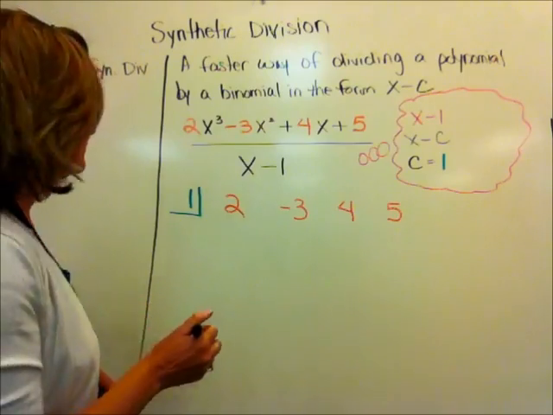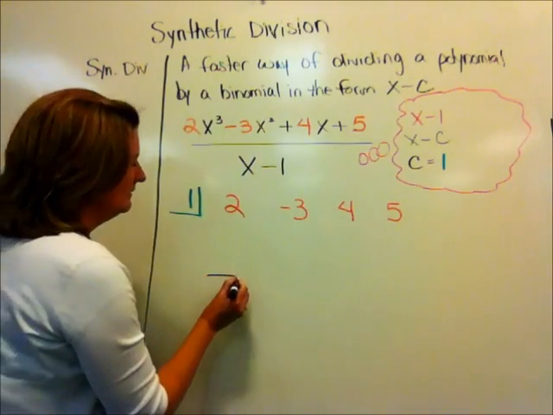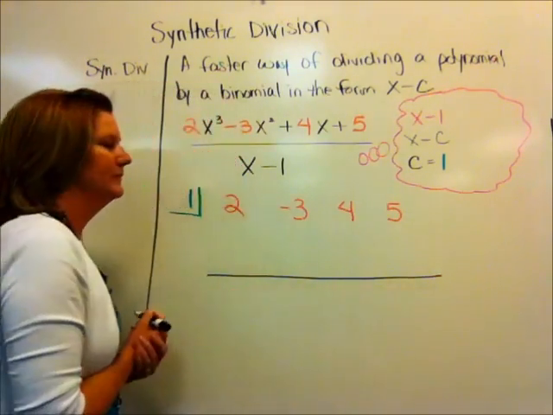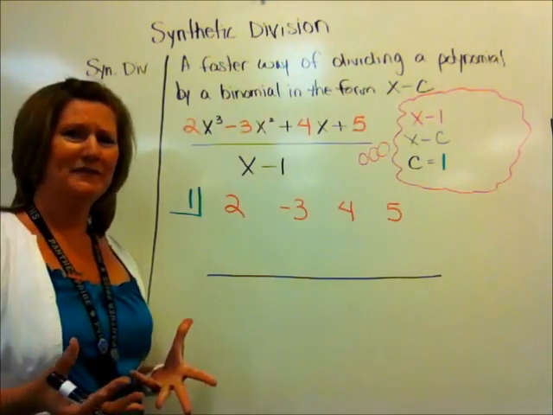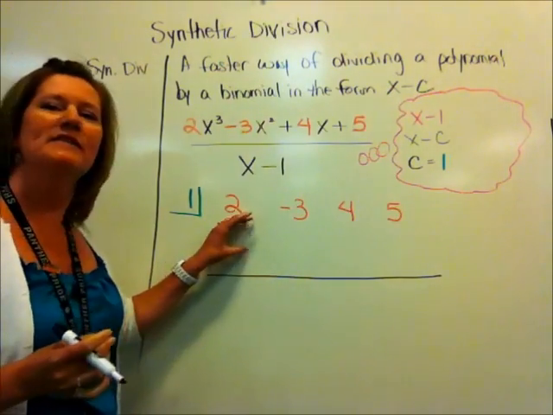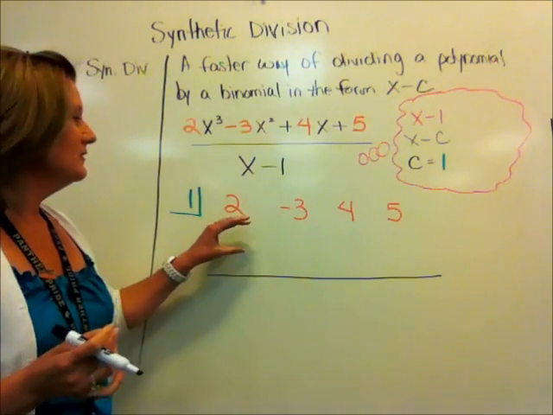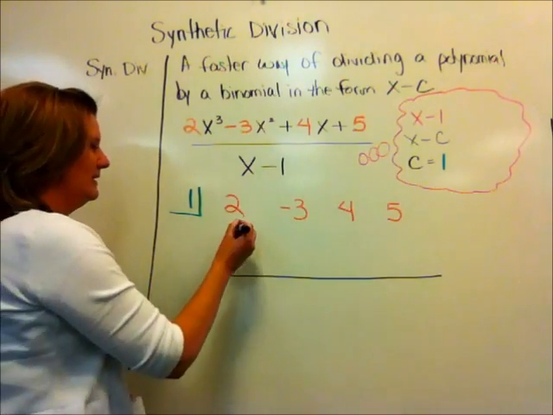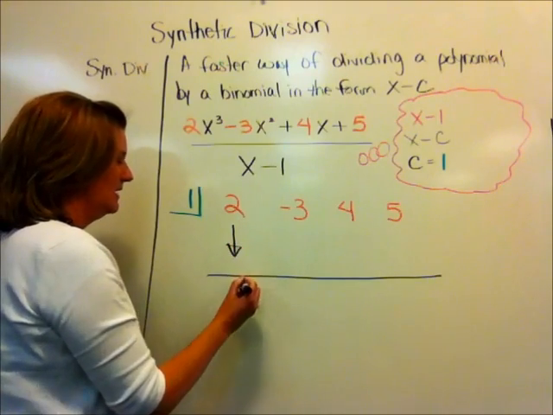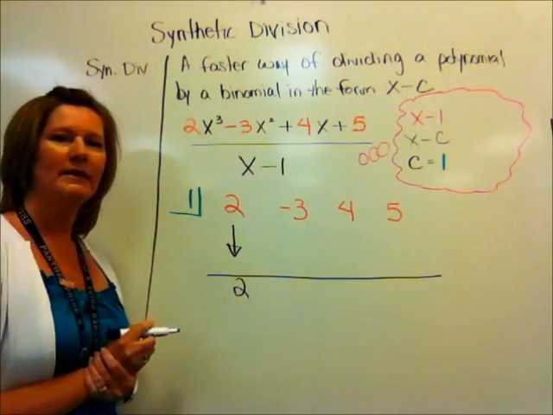Okay, next. I'm going to draw this line right underneath. I've left myself some space. I need this space to finish my problem. I'm going to bring down my 2. So I brought down my 2.